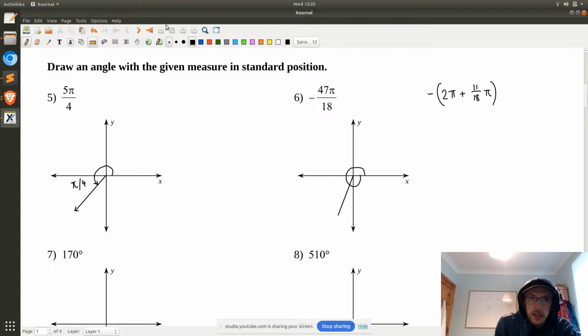Like that. And I can do this. I continue and do this. And so that would be 2 over 18 pi. And we check. And that's good.